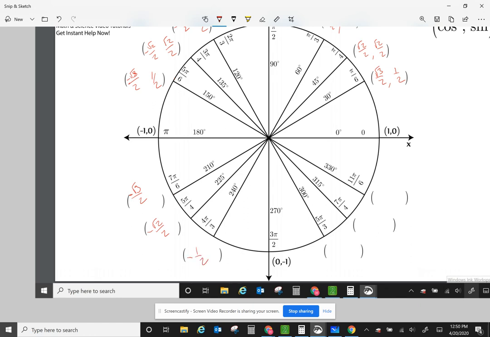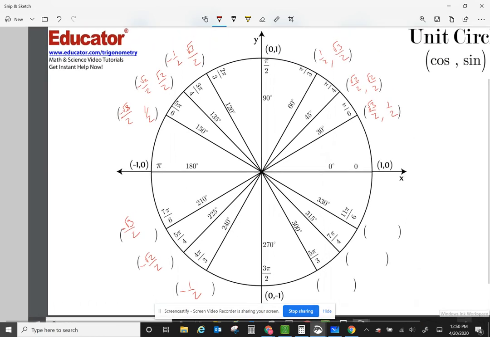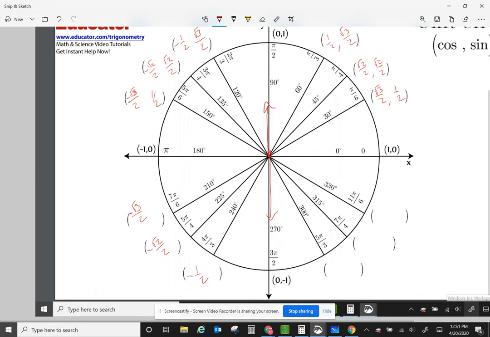Now my y values. On my second quadrant, from the origin, I went up. It makes sense that my y values are positive. On the third quadrant, from the origin, I go down, so my y values are going to be negative. This is going to be negative 1/2, negative radical 2 over 2, and negative radical 3 over 2.